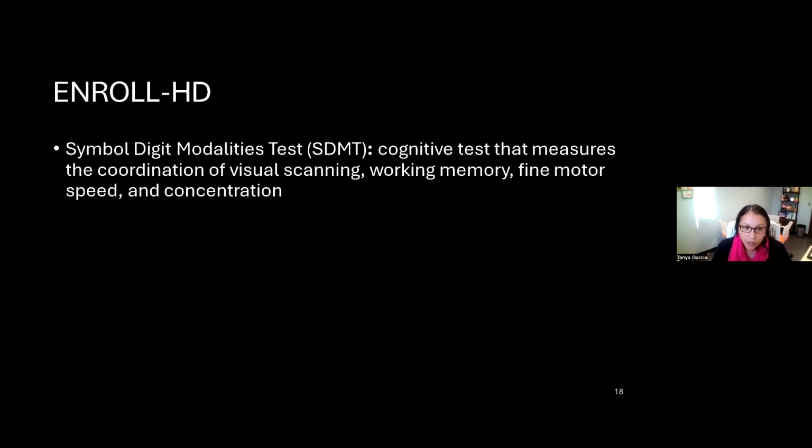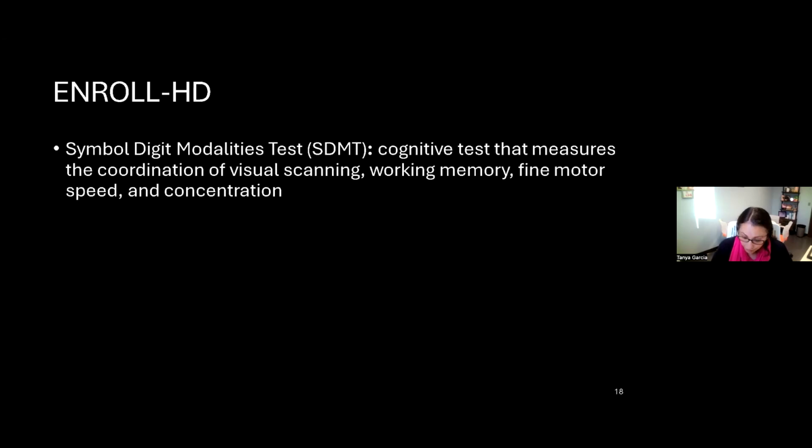Because with cognitive impairment, that can really affect an individual's quality of life. So Enroll-HD collected data on cognitive impairment, and one of those measures is something called the Symbol Digit Modalities Test, or SDMT. This is a cognitive test that measures the coordination of visual scanning, working memory, fine motor speed, and concentration.